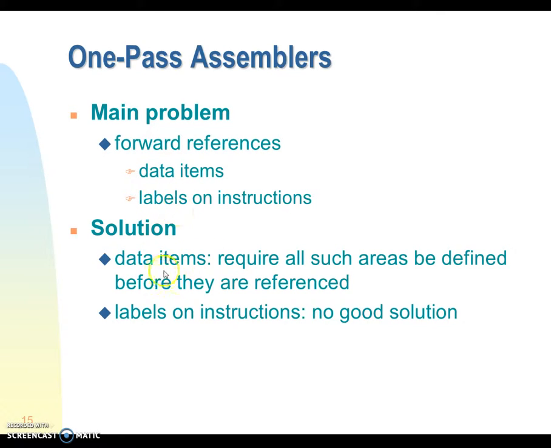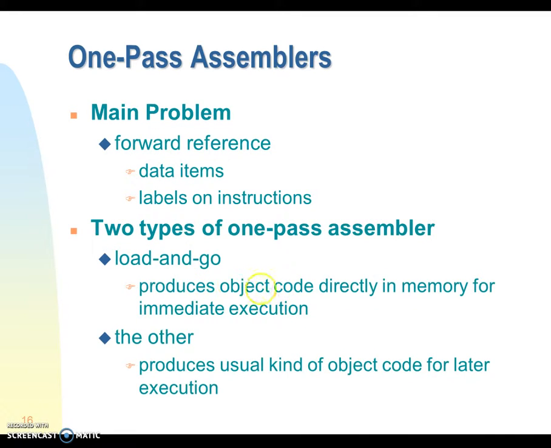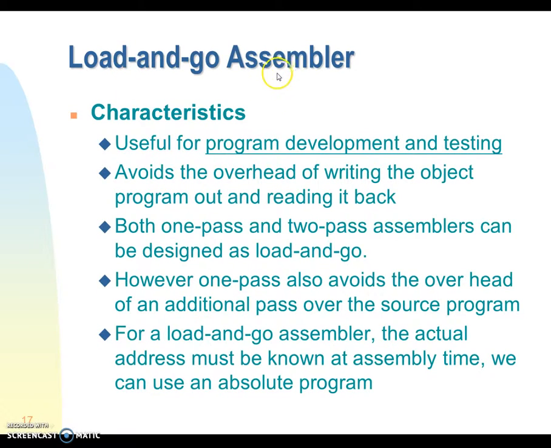One solution is to enforce the programmer to define all the symbols before they are encountered, but that is not a good practice and not a good solution. There are two types of one pass assemblers: one is load and go, and the other produces the usual kind of object code for later execution. Let us take up the load and go assembler.